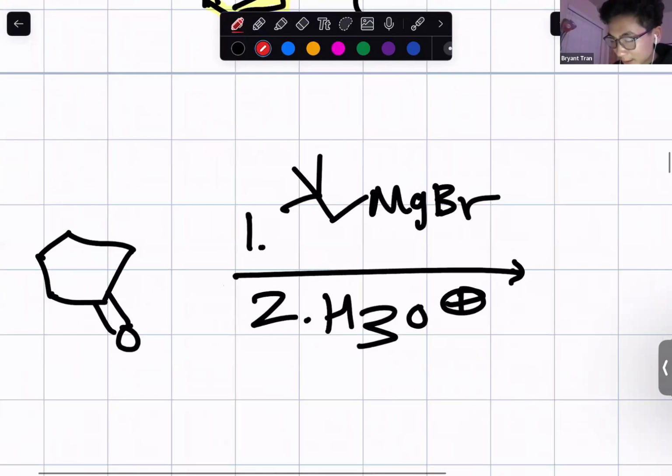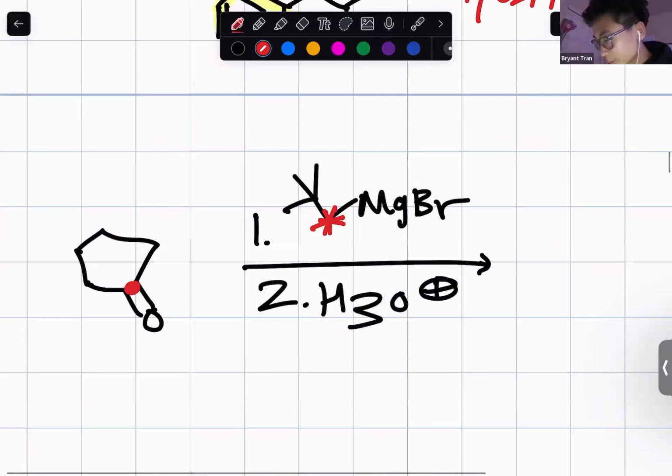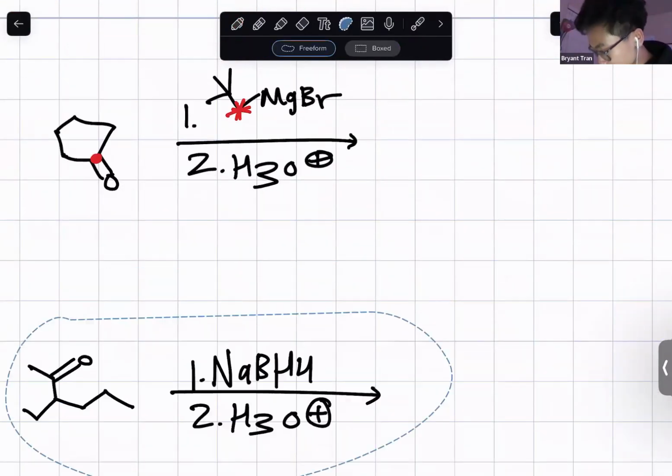What I like to do, I like to dot my carbonyl carbon, star my carbon directly attached to the Grignard reagent, MgBr. Okay, so this is good. Thank you, Yana, for sending the answer, right? Because even if we make mistakes, we're gonna learn from it and we're gonna avoid it in the quiz tomorrow.